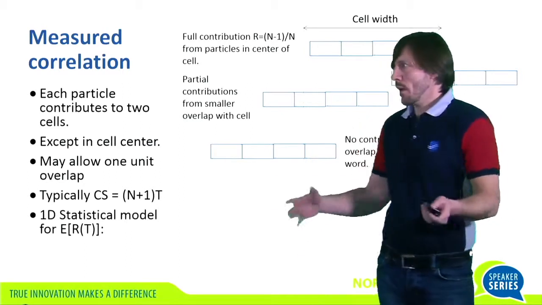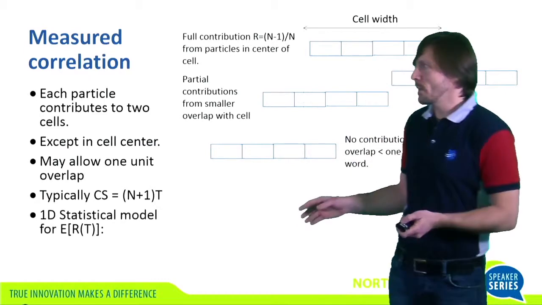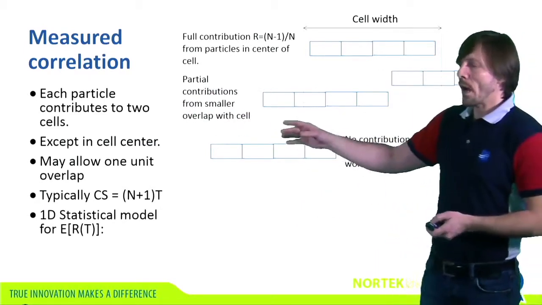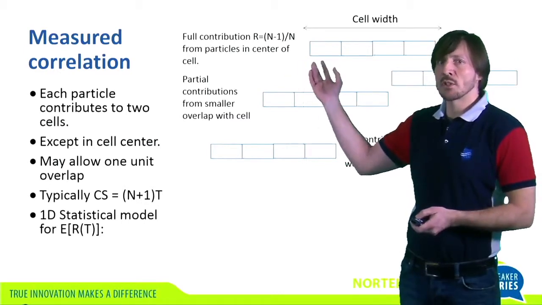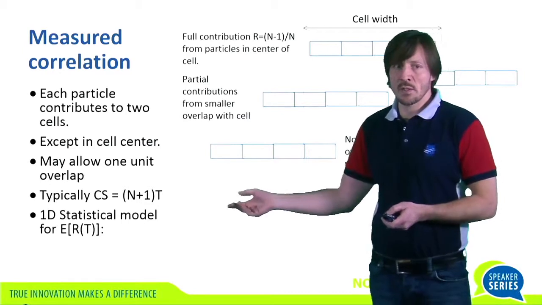So then, with that, I'm ready to try to make a statistical model. Okay, I can look at, as a function of the position here, how much does each particle contribute to the correlation, and then I can calculate an expectation value.